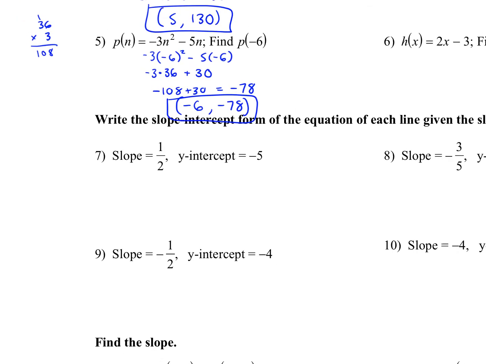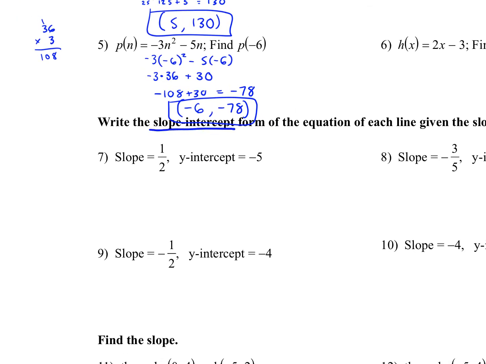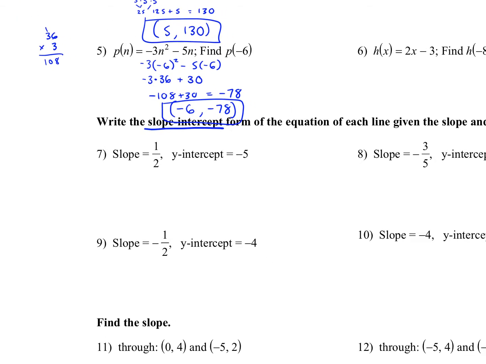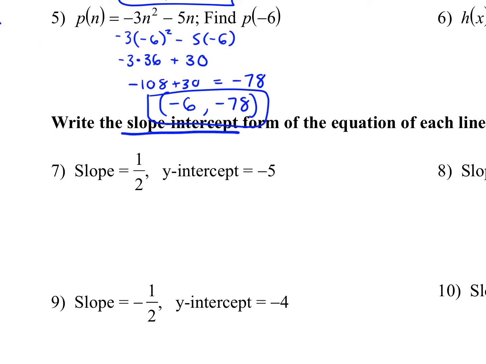For 7 and 9, we have to write the slope-intercept form of the equation given the slope and the y-intercept. What's our slope-intercept form? Awesome. Y equals mx plus b. So I just have to put in my slope for m and my y-intercept for b. So how would I write this equation?